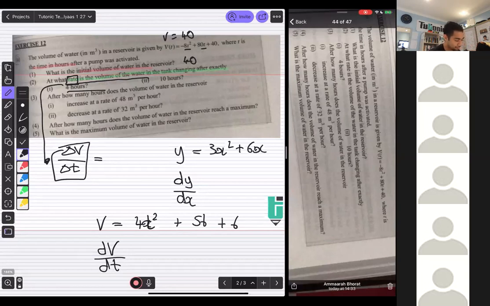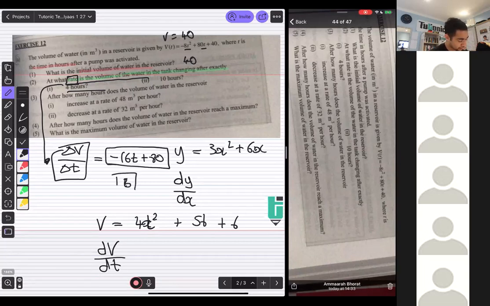You sub 4 in for t. But first work out the derivative, which is negative 16t plus 8t. Yeah, and then you sub in 4 wherever you see t, which is 16.